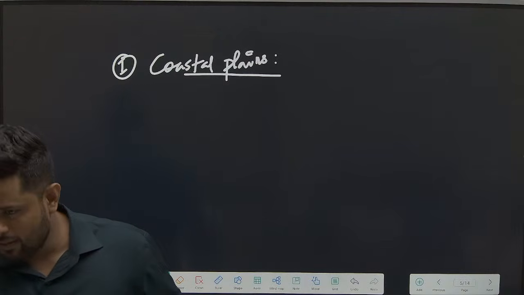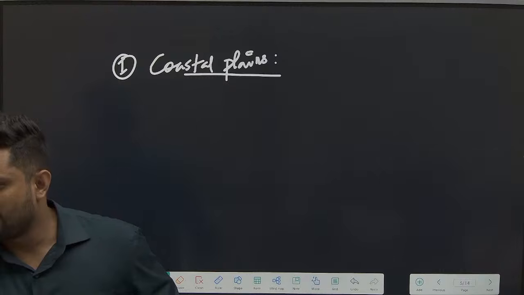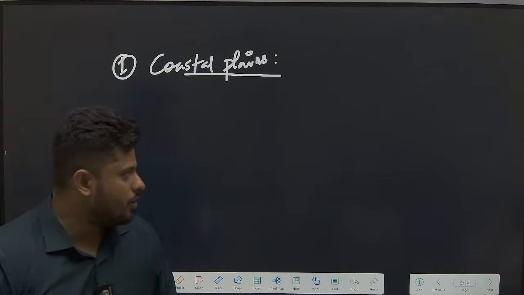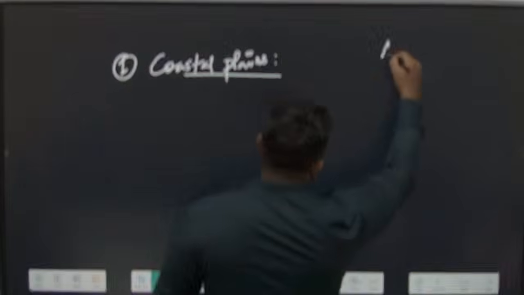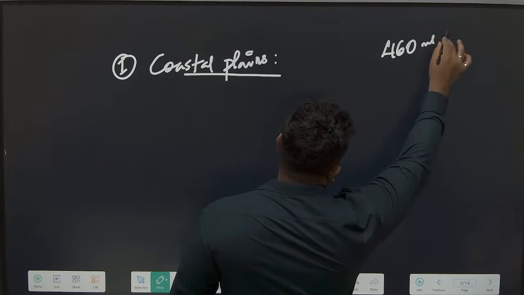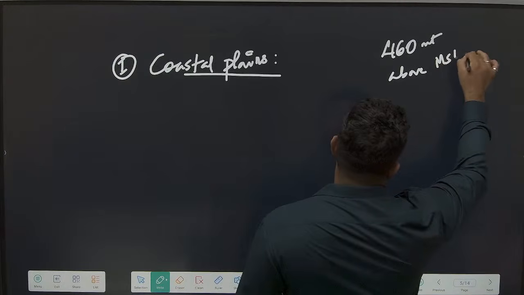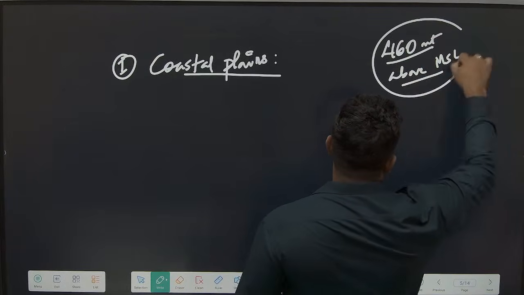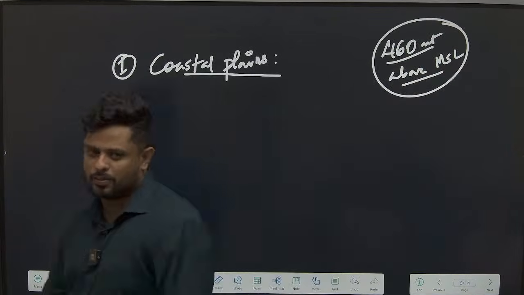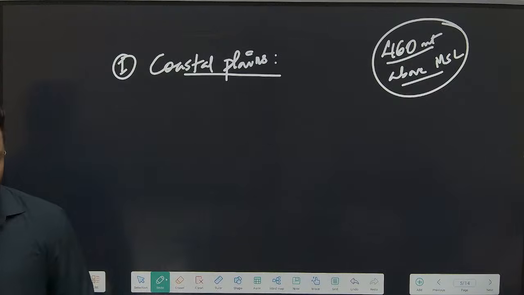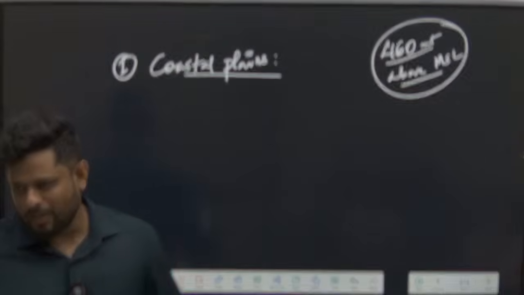According to the geological survey, the average elevation of Karnataka is somewhere around 460 meters above the mean sea level. We are not the tallest of the tallest places. The closer to the surface we are, the more stable we are.